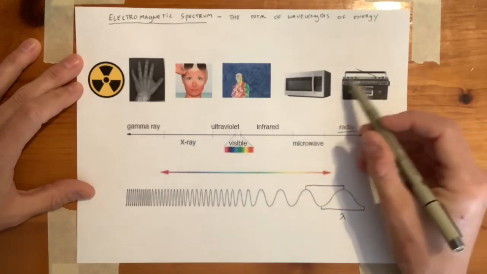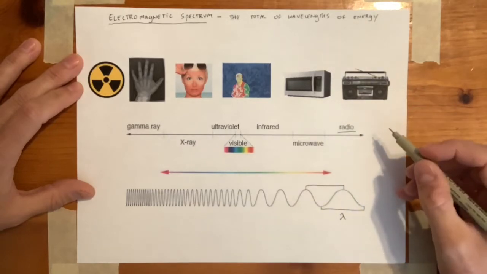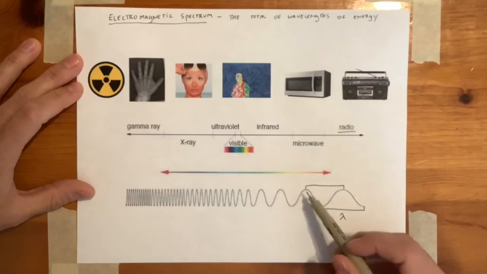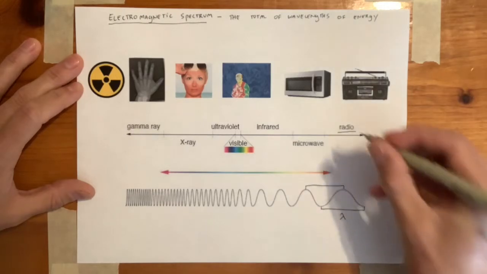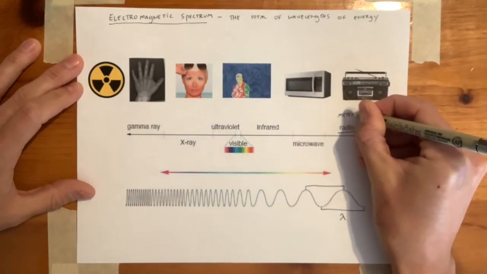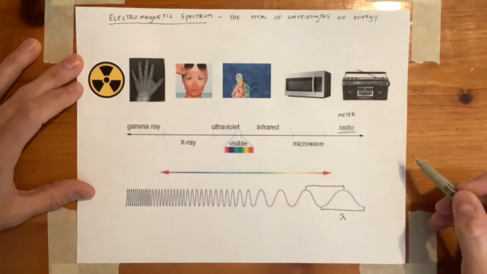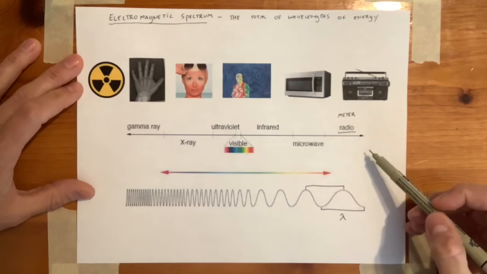The same stuff that comes out of our car radios. And these basically have very long wavelengths, or are on the long wavelength side of the spectrum. And so the wavelengths of radio waves are essentially meter scale, right? So a meter is a little bit less than a yard. It's about 2.5 feet, right? So long wavelengths on the scale of meters.